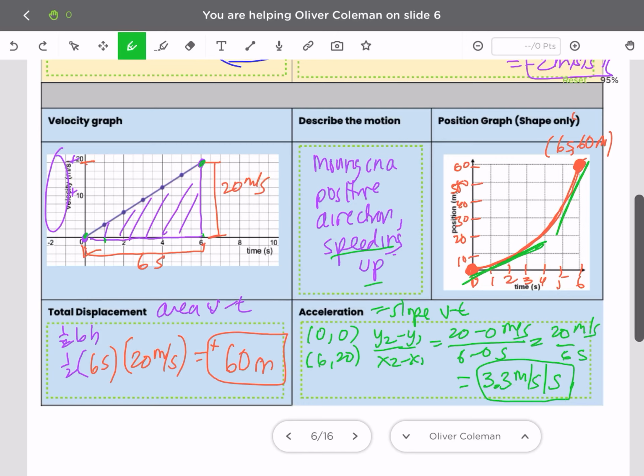Every second that passes, it goes up 3.3, and again up 3.3, and again, all the way until you get to this final velocity of 20 meters per second.